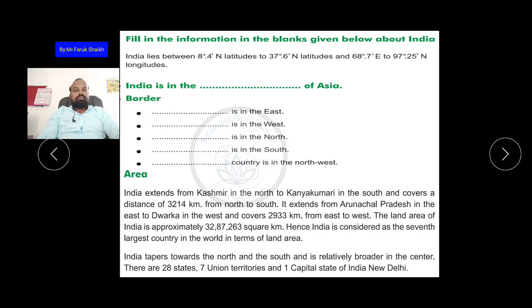This distance is covered by India from Kashmir to Kanyakumari, and it extends from Arunachal Pradesh in the east to Dwarka in the west and covers 2933 kilometers. Okay, so from Kashmir to Kanyakumari, 3214 kilometers, and from Arunachal Pradesh to Dwarka, 2933 kilometers.